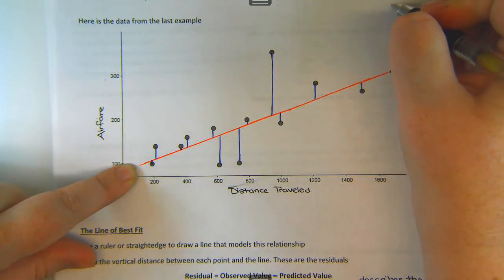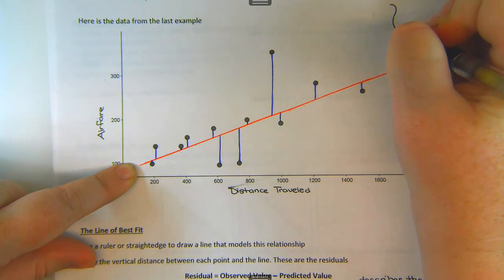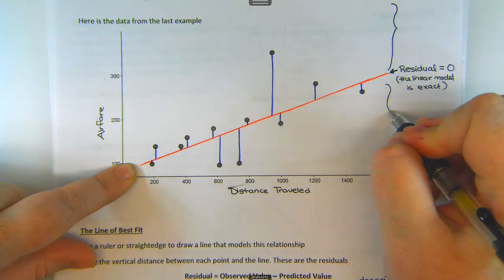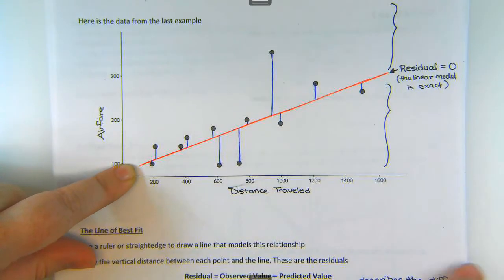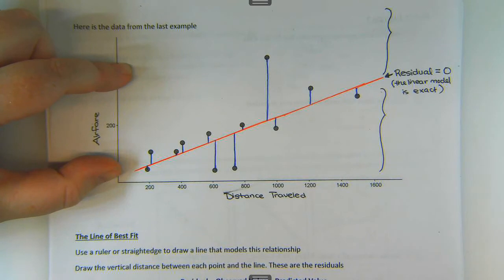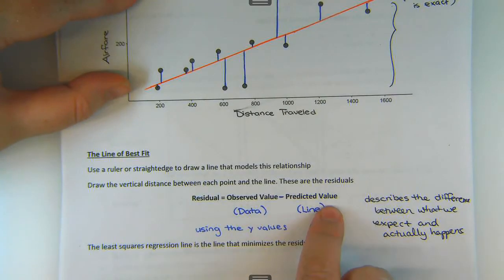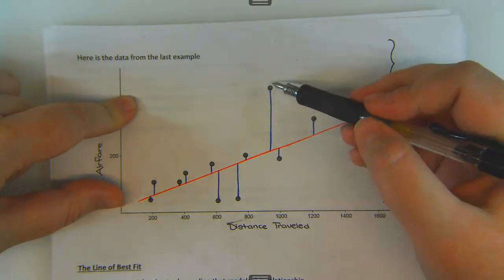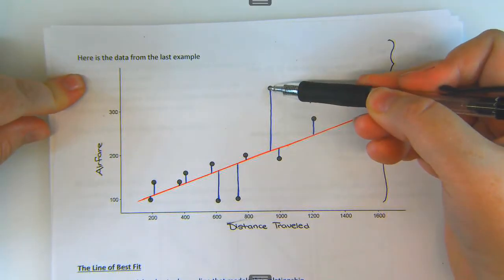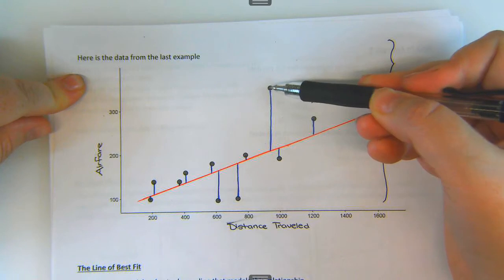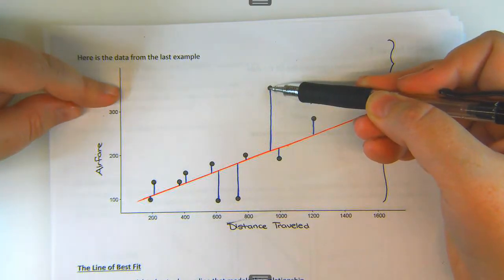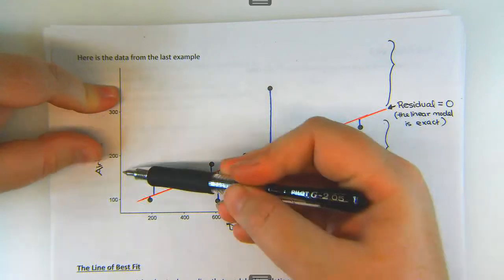Then let's talk about these two regions. We have this region of values landing above the line and this region of values landing below the line. If we are above the line, where we go observed minus predicted, let's go with this extreme example here: we take the output, or y value, which is going to be large, and then subtract the output from the line, which is going to be smaller.